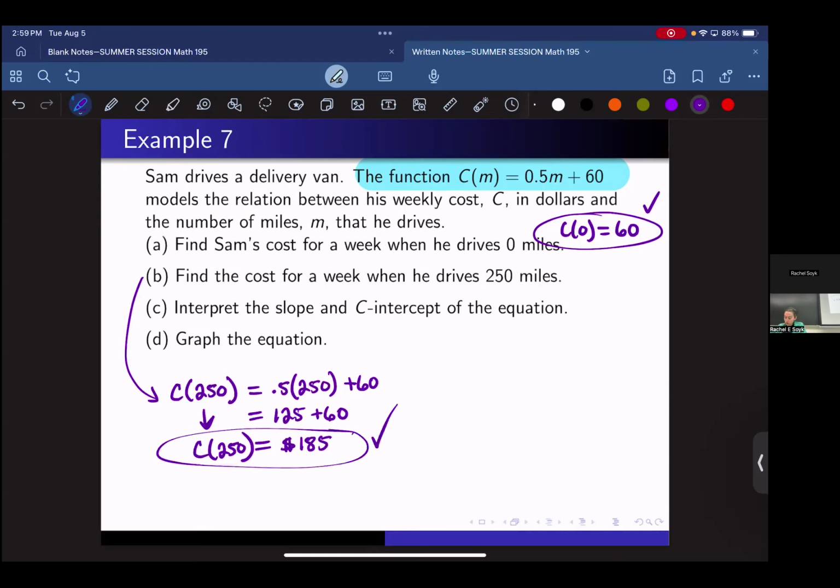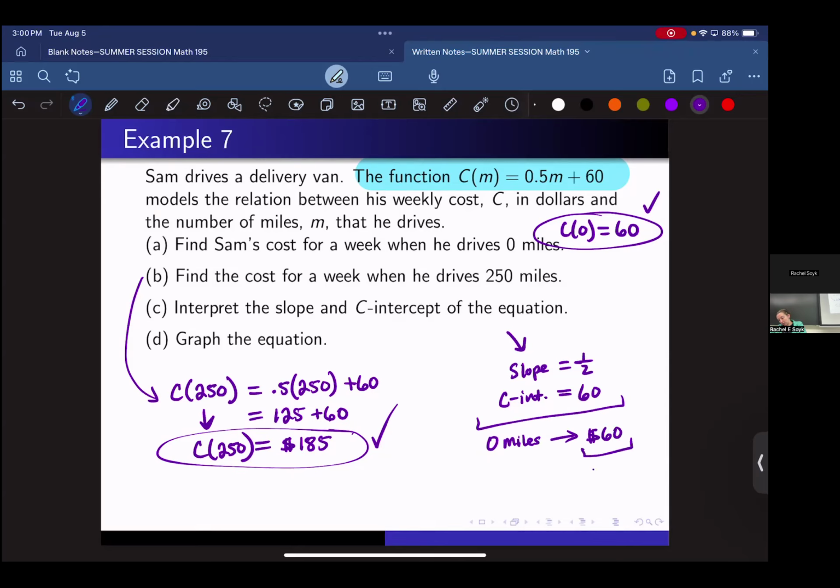We want to interpret the slope and the c-intercept of the equation. So the slope tells us, right, our slope is 1/2. And then our c-intercept is 60. Which tells us 0 miles driven, your base is 60. 0 miles still costs you $60.